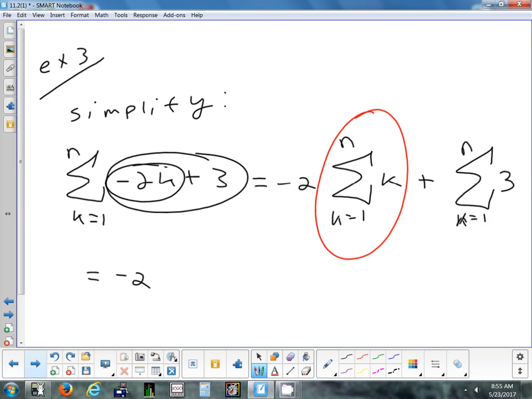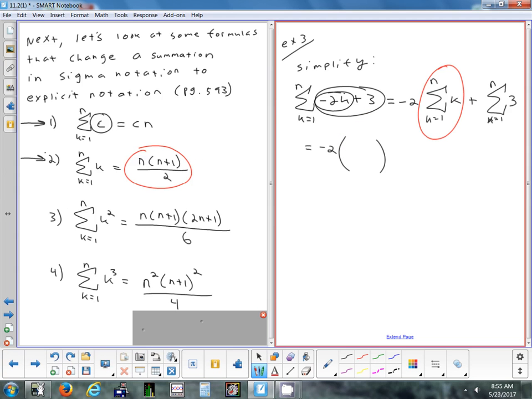So it's negative 2 times, and maybe we can put them both on the screen at the same time, n plus 1 over 2. Okay, that's the first one. Plus, what's the sum of k equals 1 to n of 3?